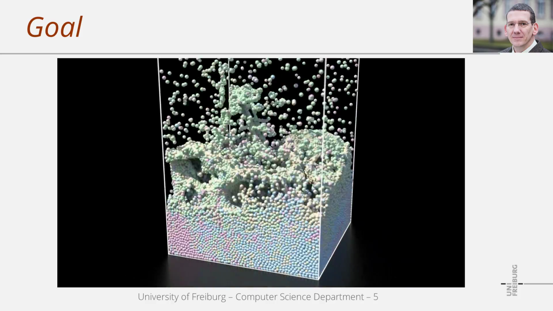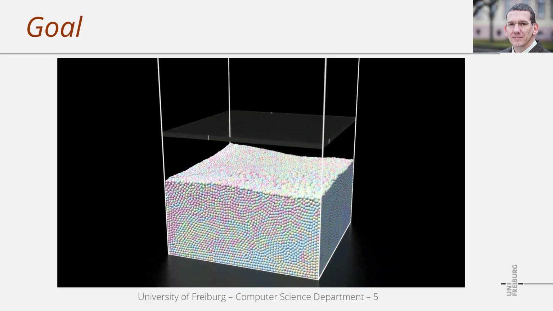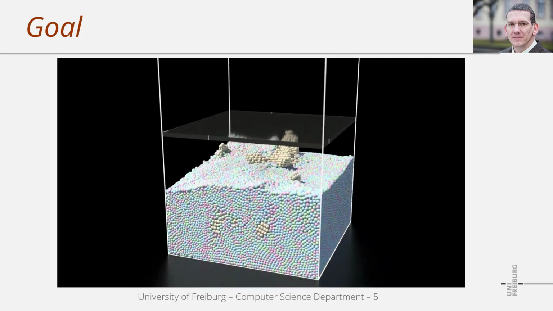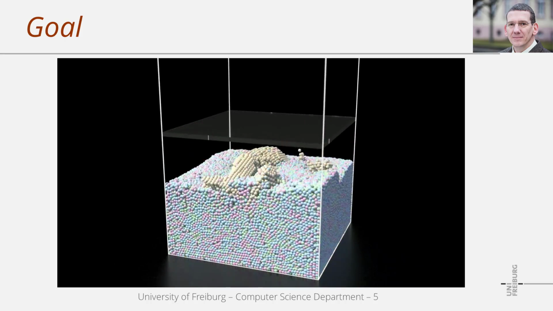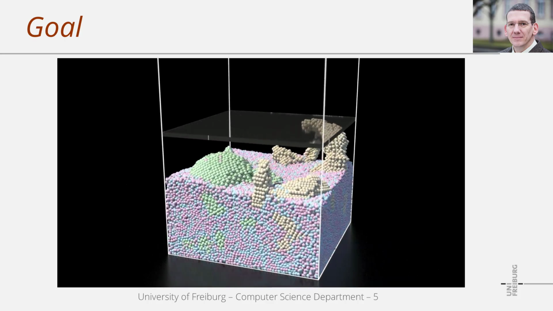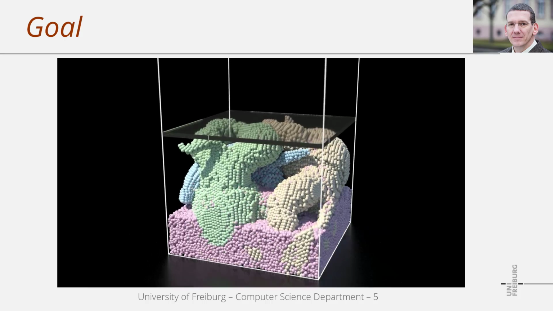Here we have another example that particularly illustrates the versatility of particle-based simulations. We see particles of three different colors, and we also see that the particles can either be simulated as being part of a fluid or being part of an elastic solid. This basically shows that we can compute different forces at the particles.